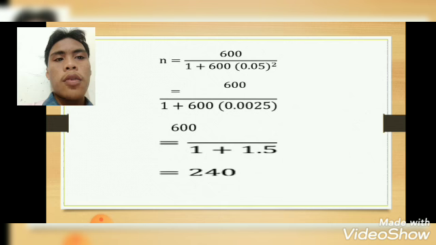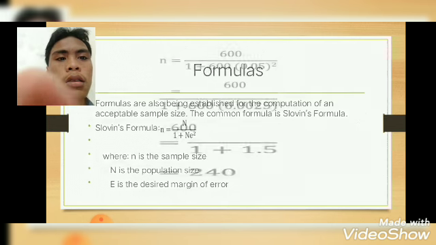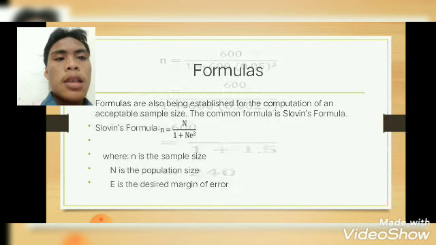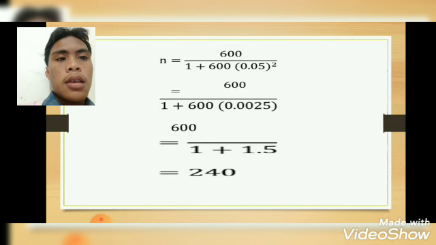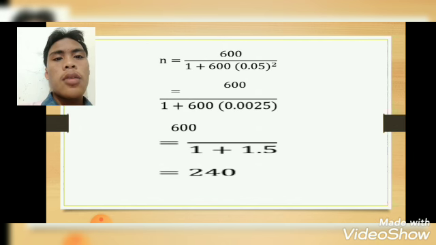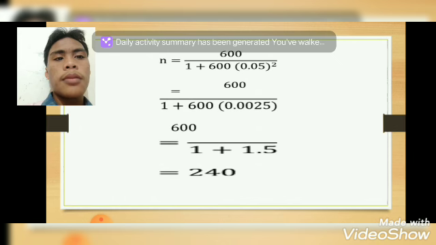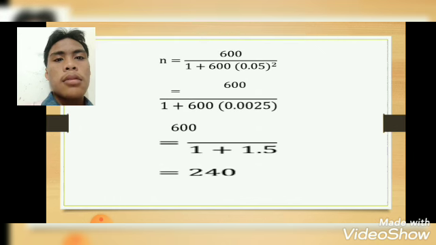For example, the sample size n equals 600 divided by 1 plus 600 times 0.05 squared, equals 600 divided by 1 plus 600 times 0.0025.